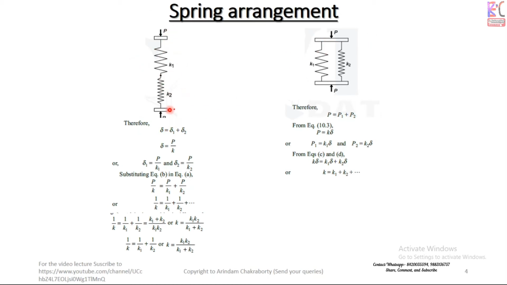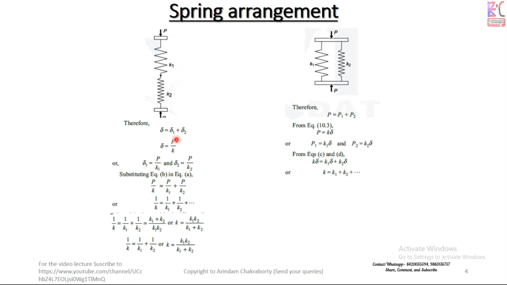What happens if the springs are arranged in series? If you are arranging the springs in series, the amount of force is P. So when the force P is applied, the deflection will be in total del 1 plus del 2. So the total deflection will be del equals del 1 plus del 2, or you can write x equals x1 plus x2.